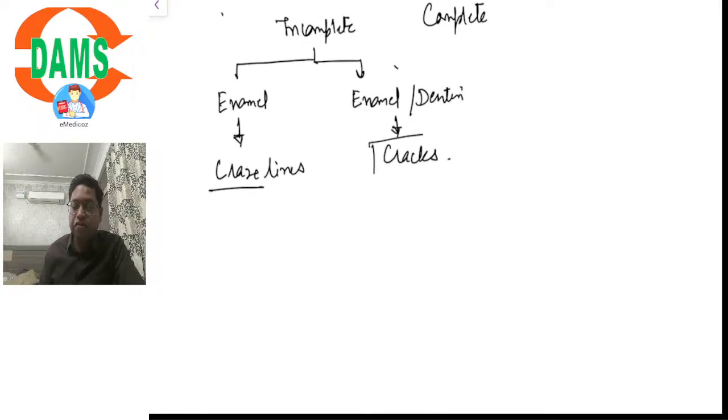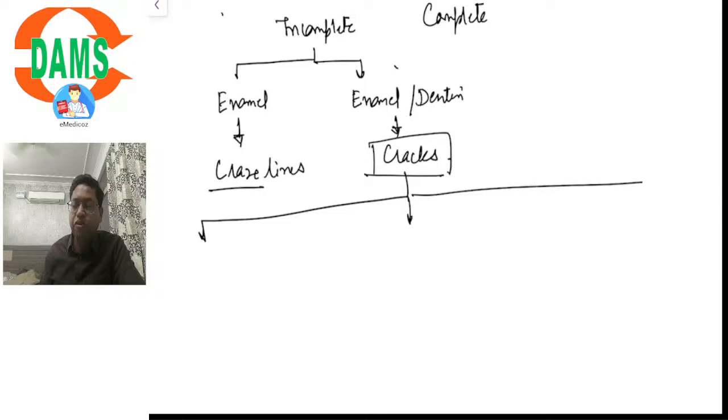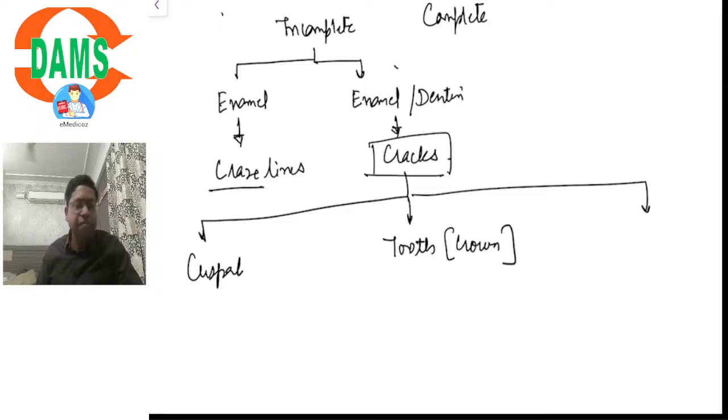These cracks of the tooth structure can typically be of three distinct types based upon the locations where they occur. They can be cuspal cracks and fractures, or tooth cracks and fractures, especially in the crown segment, or they can be in the root section.